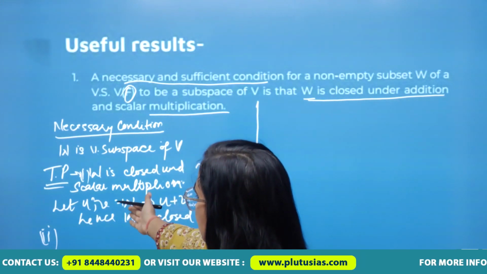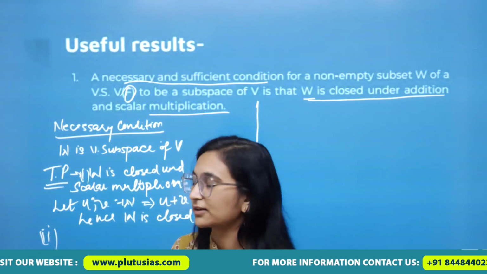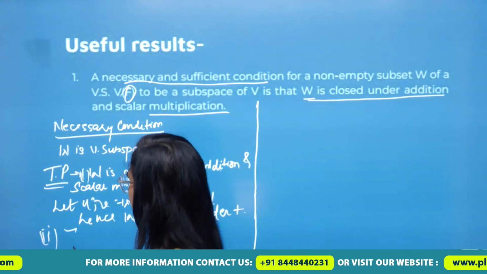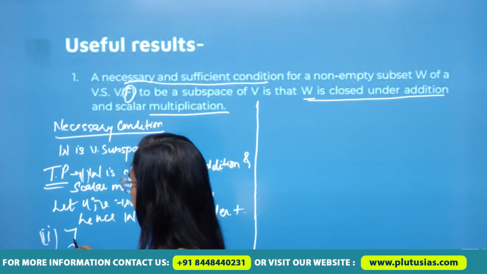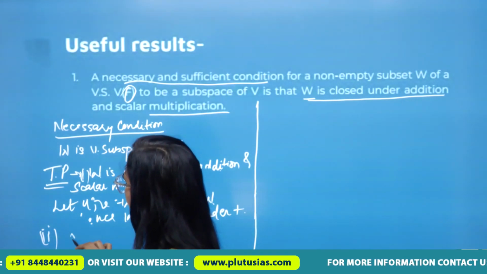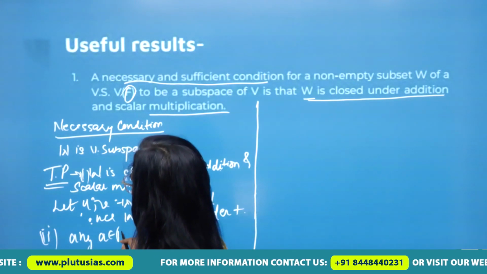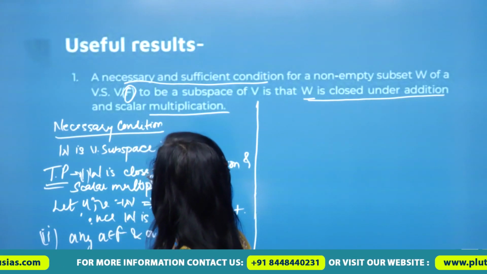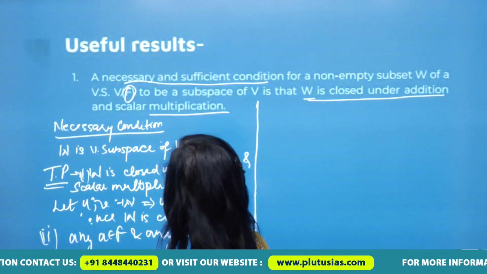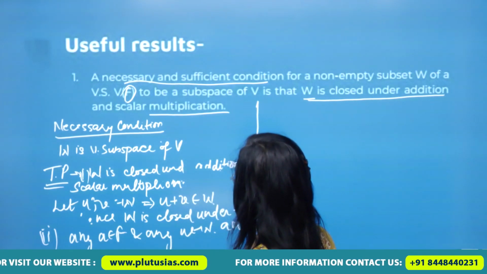So scalar multiplication has something to do with the element of the field. So the property of scalar multiplication says that if we take any a belonging to F and any u belonging to W, then their scalar multiplication au should belong to W.